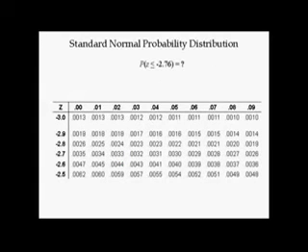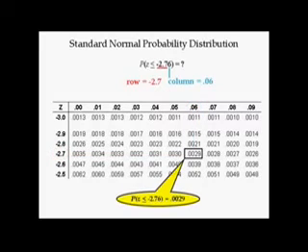To compute this probability, go to row negative 2.7 and column 0.06. The intersection of row negative 2.7 and column 0.06 is 0.0029. Thus, the probability that z is less than or equal to negative 2.76 equals 0.0029.